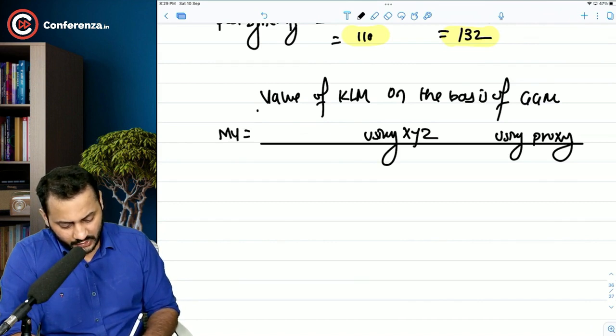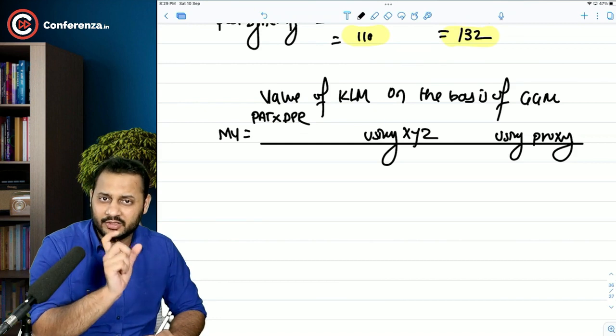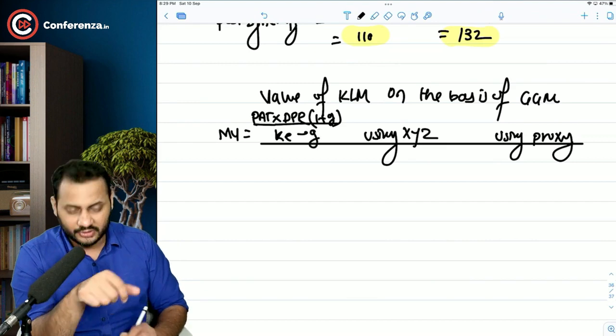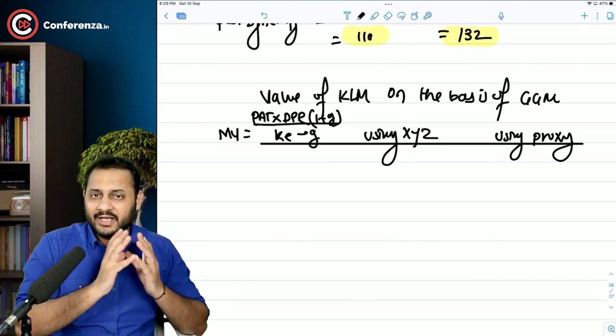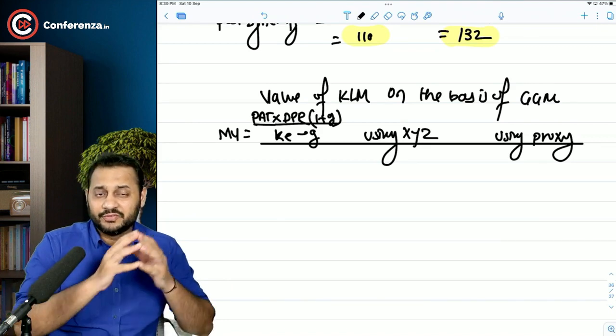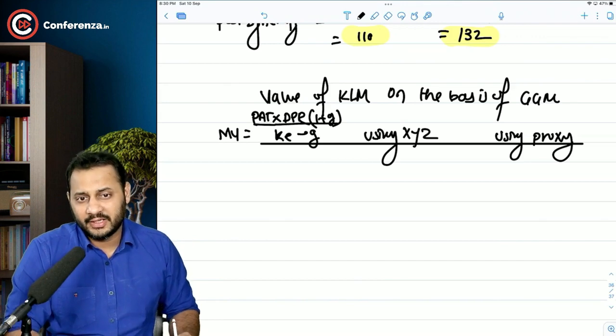is equal to earning, I will take profit after taxes multiplied by dividend payout ratio. That means the dividend, right? Numerator should be dividend in bracket 1 plus growth, divided by cost of equity minus growth. Am I right? Profit after tax multiplied by dividend payout ratio will give you the amount of dividend, which will then grow by 7%, divided by cost of equity minus growth.